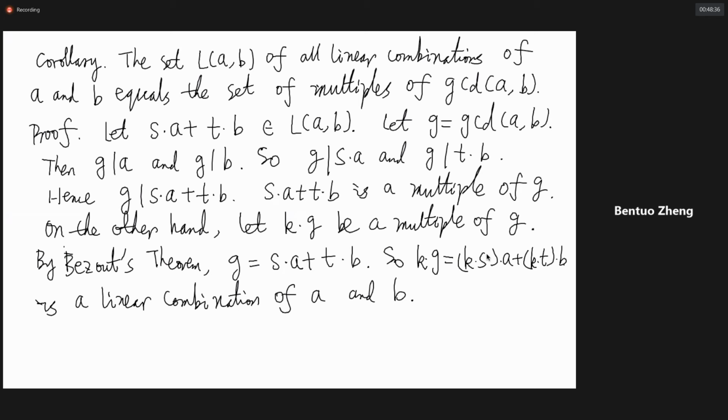Okay, so the next lemma tells us that if A divides the product of two numbers B and C, and A is coprime to one of the numbers, then A has to divide the other number. So here's a statement of the lemma.